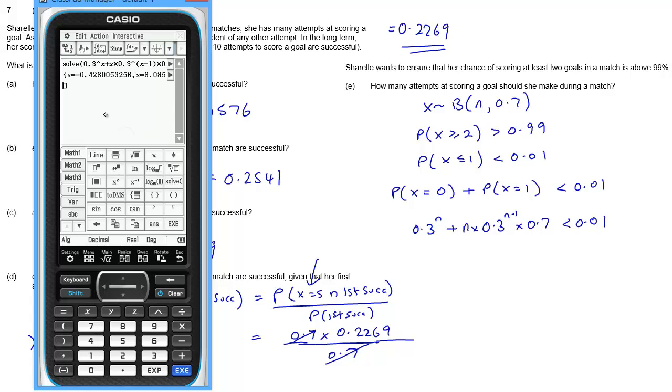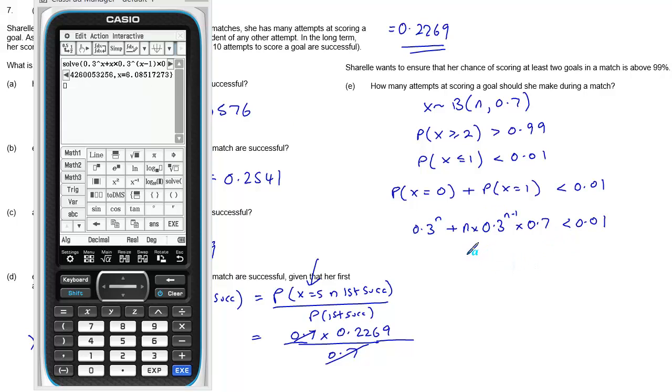More solutions may exist. Negative solutions obviously not what we want. So we've got n is equal to 6.085, and the usual thing in these situations is that we need to increase by 1. So if n is greater than or equal to 7, then her probability of getting at least 2 goals will be 99% or better.